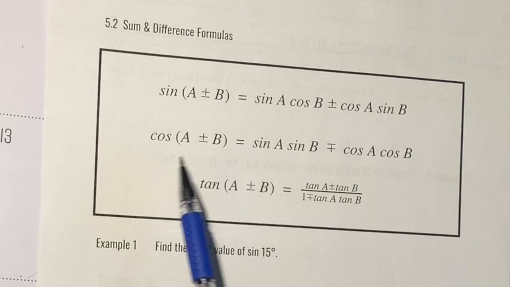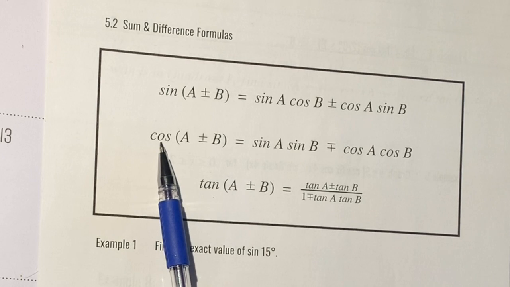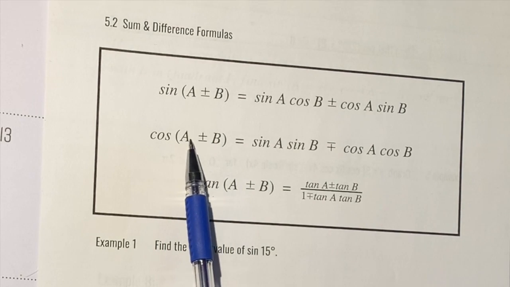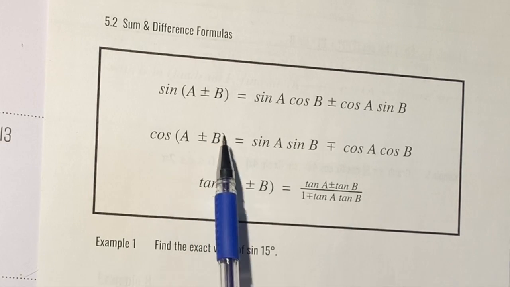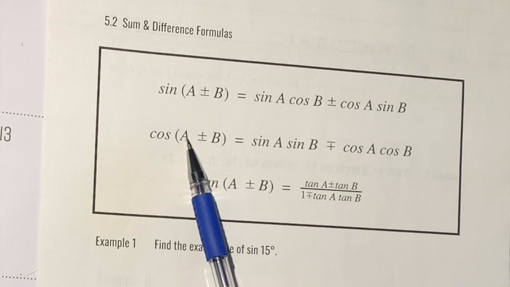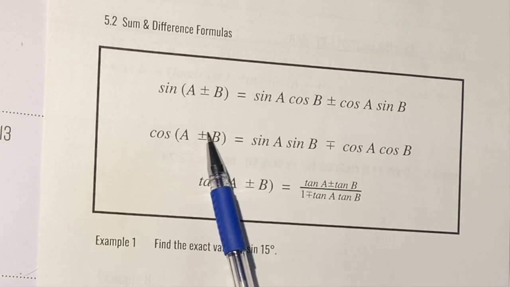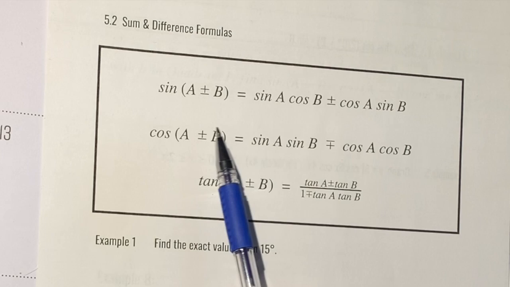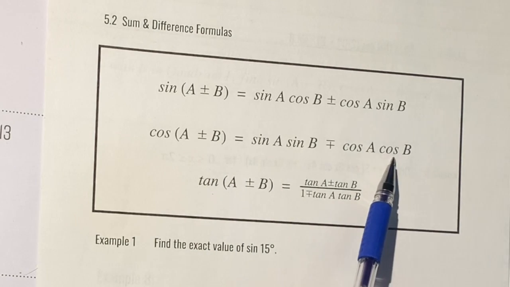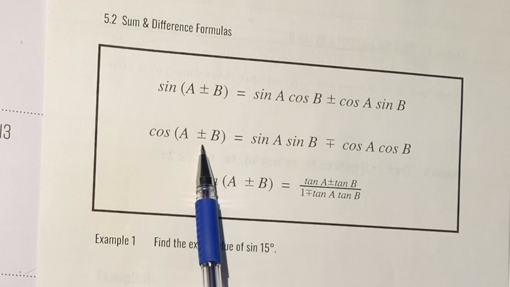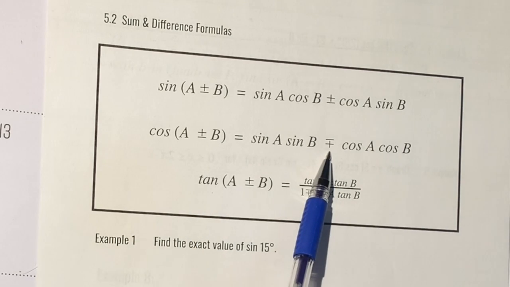Okay. Let's go to the cosine. So if you have the cosine of the sum of two angles, the cosine of angle A plus angle B equals the cosine of angle A times the cosine of angle B minus the sine of angle A times the sine of angle B. If you have the cosine of a difference, notice the sign here is going to be a plus.